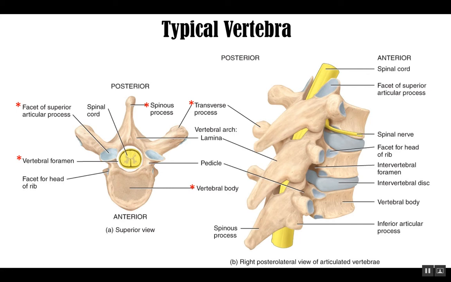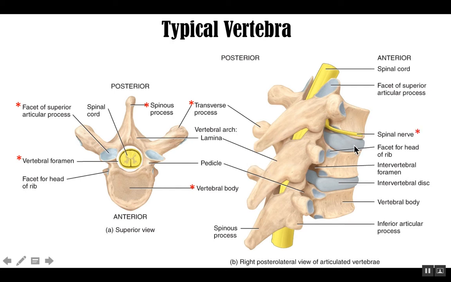On the bottom of this vertebra, we would see inferior facets in order to form a joint with whatever vertebra is found underneath this one. So in the lab, it's very useful to find a number of vertebrae and stack them together. And as you stack them together, you will see the articular facets forming the joints.